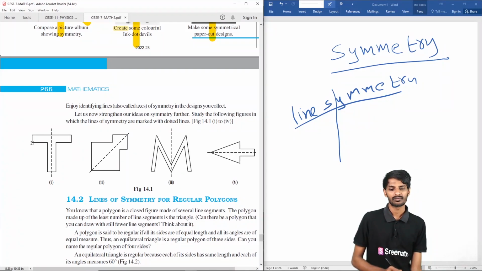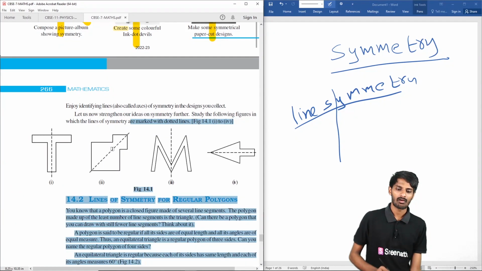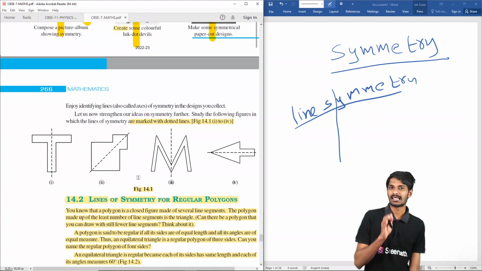So the left side and the right side of this line exactly match, exactly look the same, no difference in it. And if you see here, it is also having line symmetry. Along this line, if you fold it, it looks exactly the same, no difference in it.